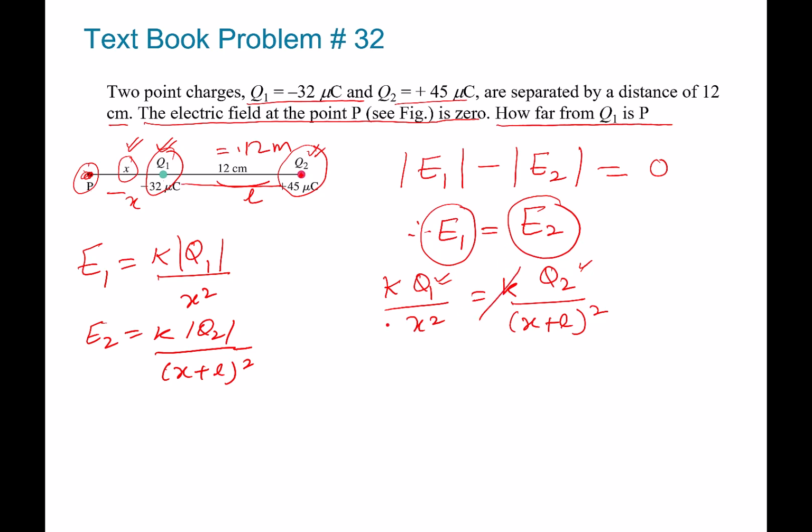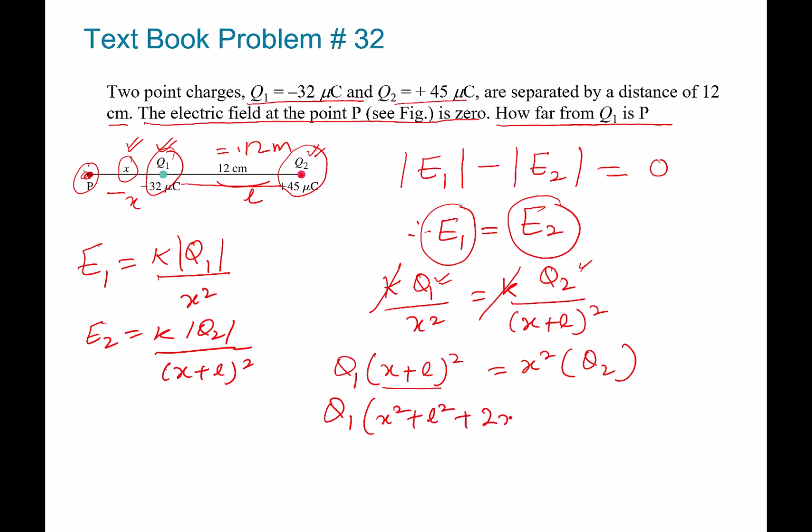These are the magnitudes. The K and K will cancel, so you will have Q1 times X plus L whole square equivalent to X square times Q2.